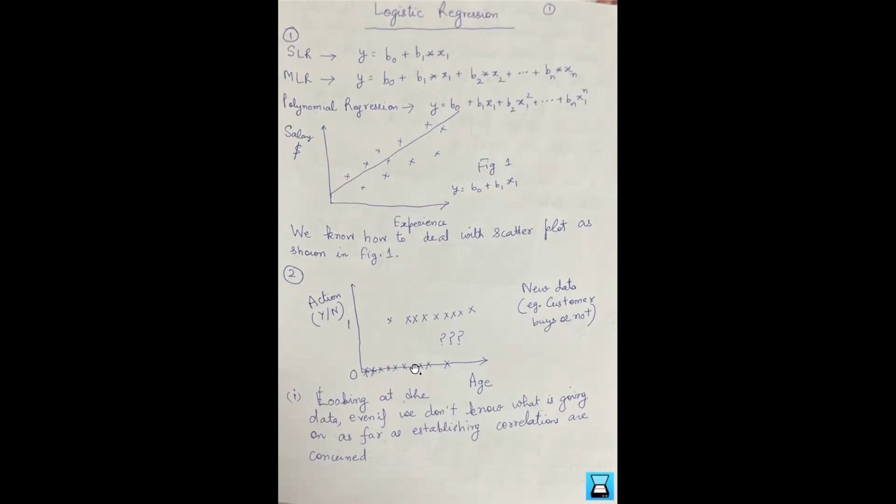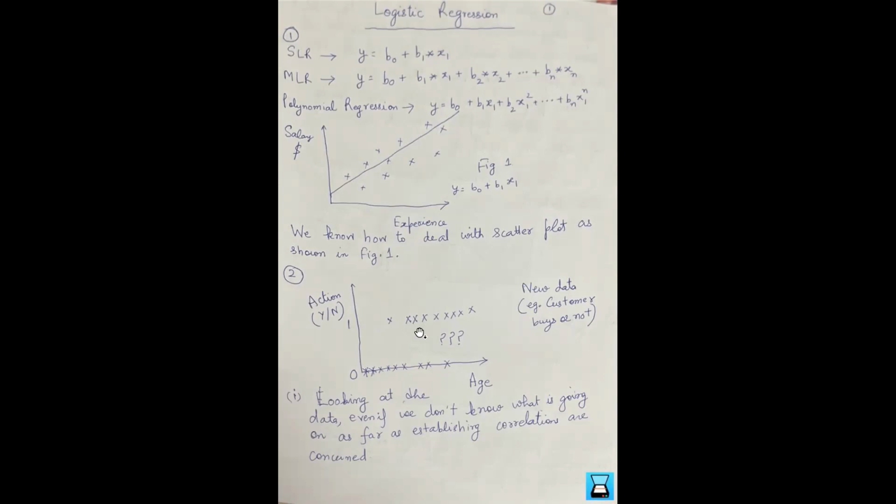After that age, up to maybe 55 or so, they decide yes, that means they purchase, and that decision is put on this graph at the value 1.